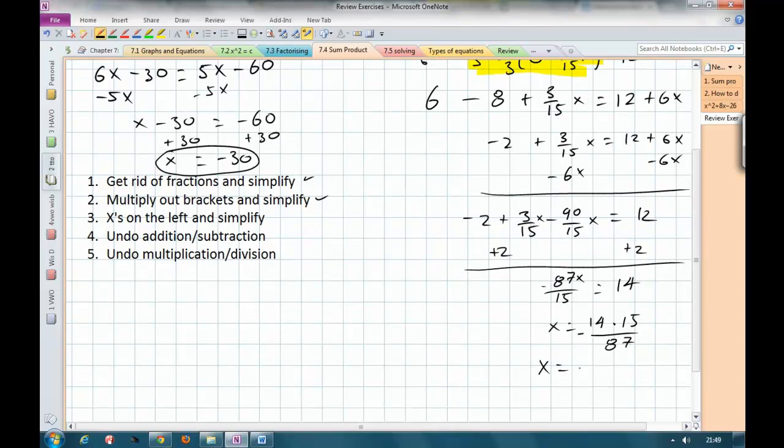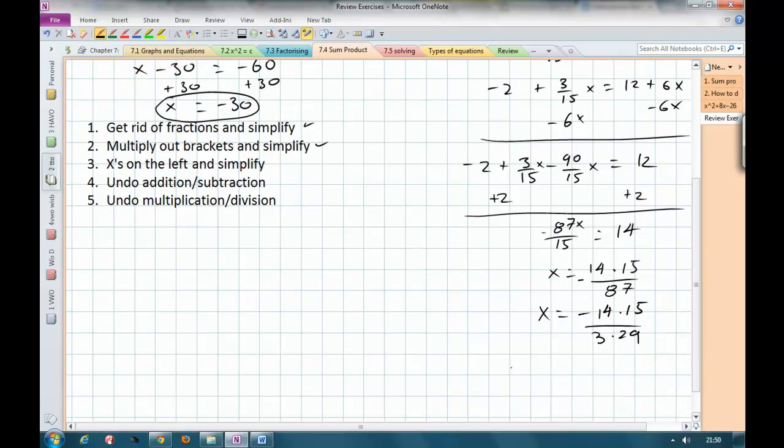So x is equal to minus, I'm going to keep the 14 times the 15. The 87 is 3 times 29.